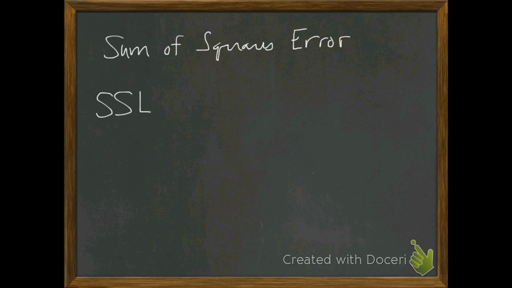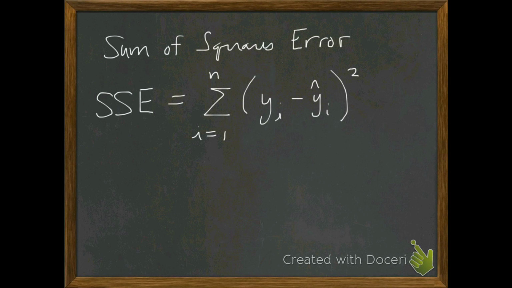And guys, we let that be SSE. And this is going to be nothing more than the sum from i equals 1 to n of the observed minus predicted quantity squared.